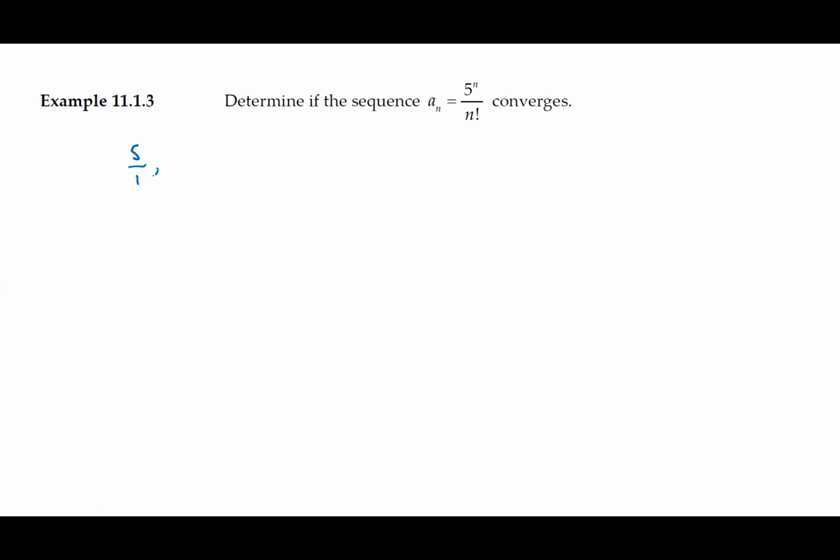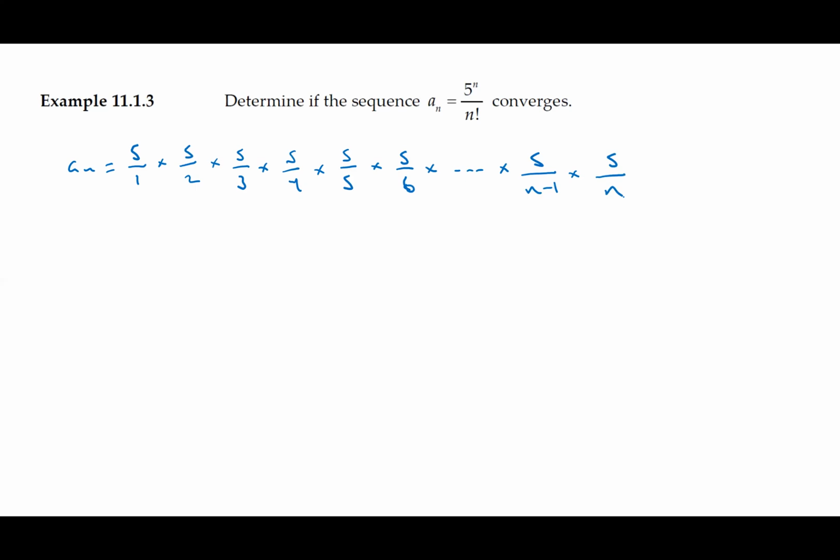I'm going to say AN equals, let's just get an arbitrary AN. So 5 over 1 times 5 over 2 times 5 over 3 times 5 over 4 times 5 over 5 times 5 over 6 times all the way up to 5 over n minus 1 times 5 over n.